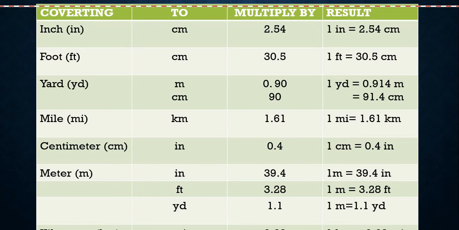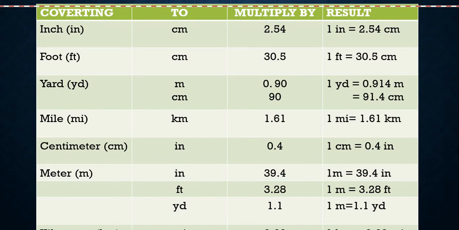So let's first convert the inch to a centimeter. Now multiply it by 2.54. So the result is 1 inch is equivalent to 2.54 centimeter. Okay? Next, foot to centimeter, multiply it by 30.5. So the result is 1 foot is equivalent to 30.5 centimeter.